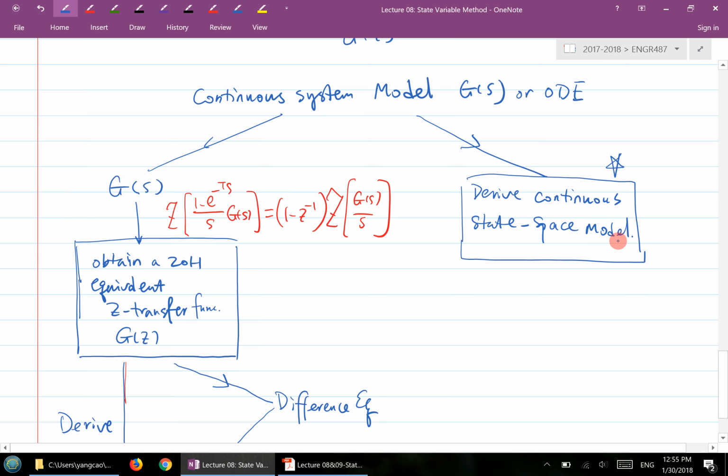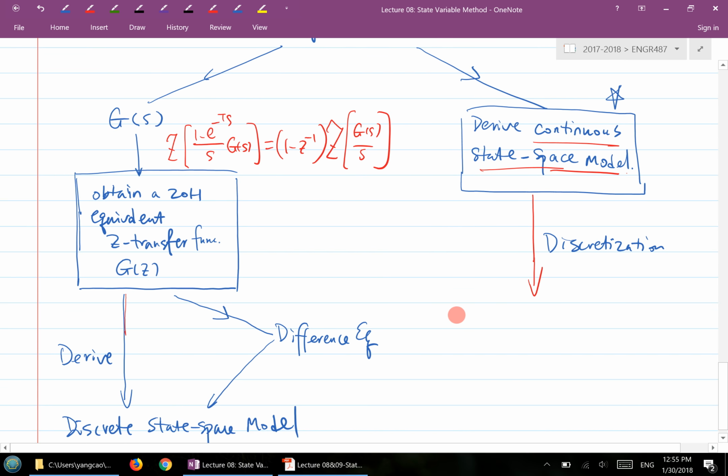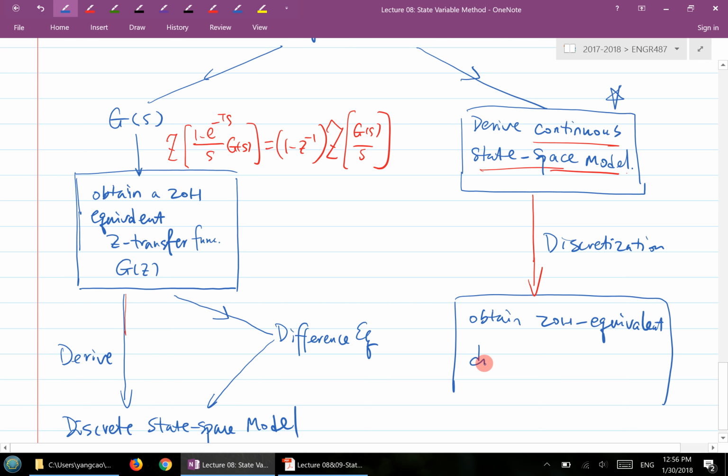Once you get this continuous state space model, we're going to use an approach called the discretization approach. In this discretization approach, we'll be able to obtain a zero order hold equivalent discrete state space model.